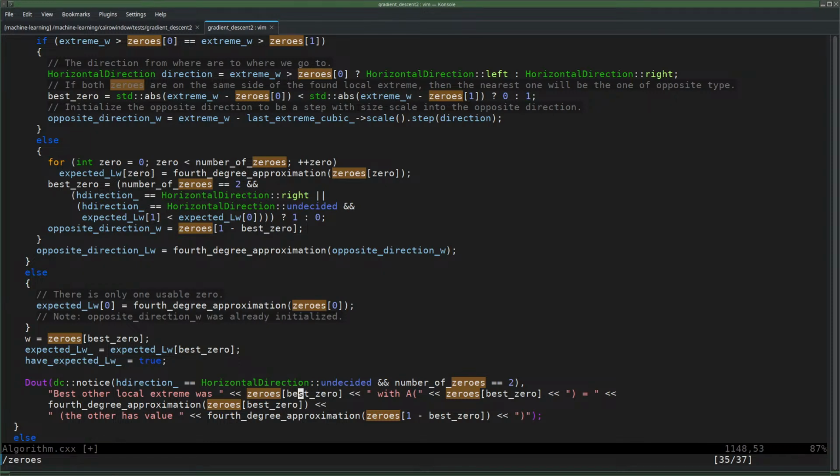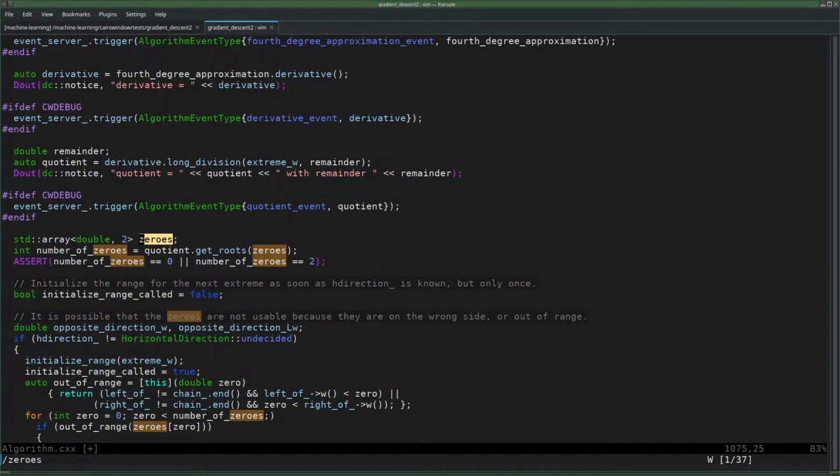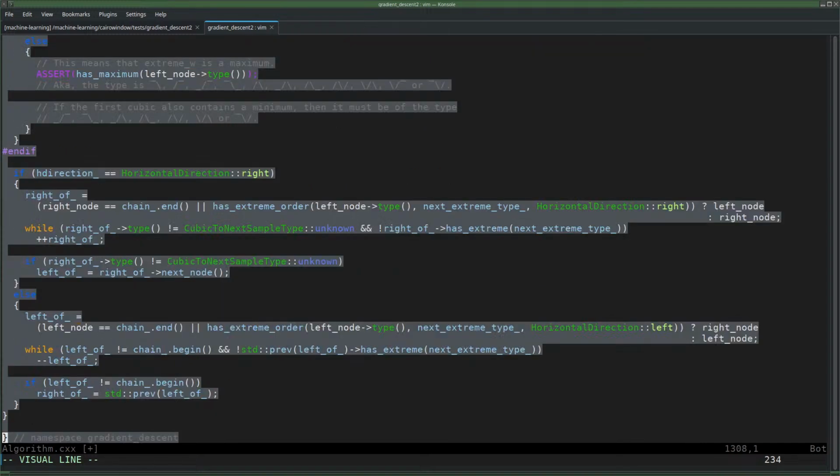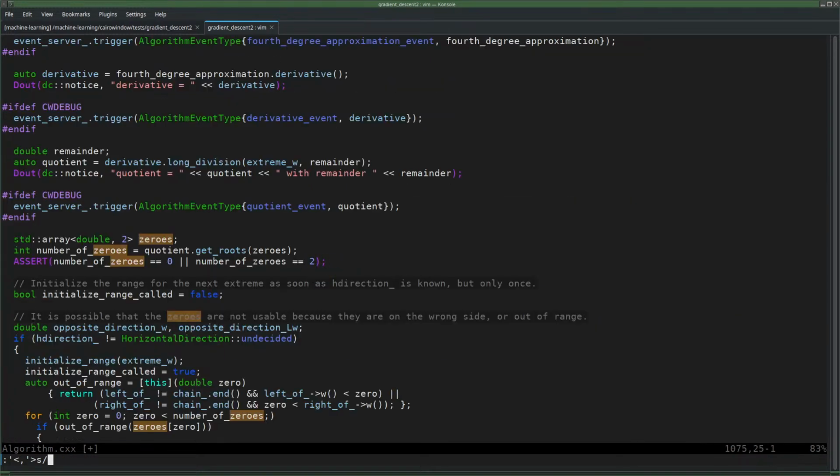I don't want to call it... okay, so I'm going to take zeros and substitute zeros with quotient roots.